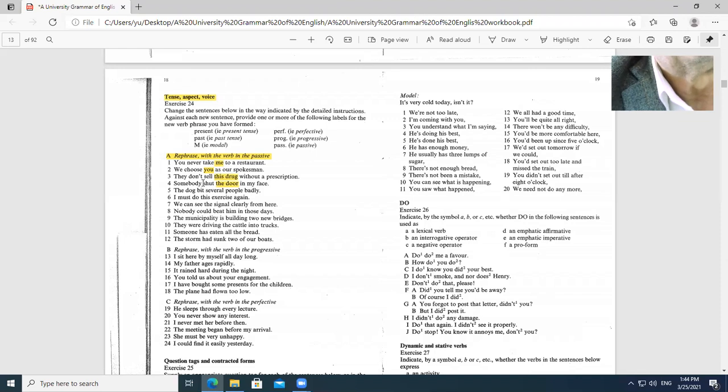Okay. The next one. The dog bit several people badly. بتصير where an object? Several people. Yes. Several people are bitten. أول شيء bit present ولا past؟ Past دكتور هون صح؟ إذا شو بصير؟ Several people... Can we say got beaten instead of were beaten؟ ما فيش عندنا get هنا. يعني bit.